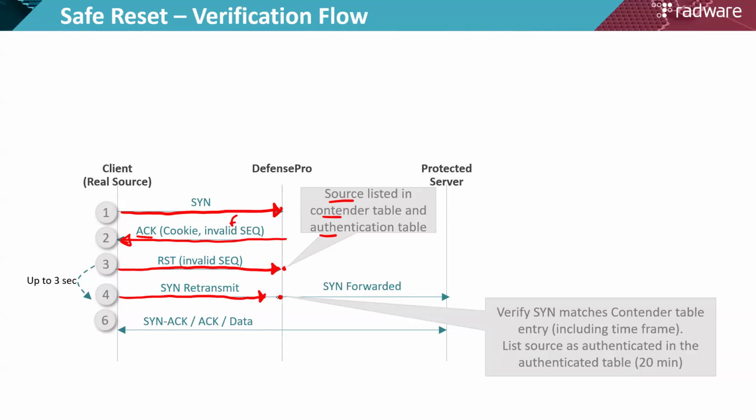Once we receive the SYN packet from the same client, which is already part of the contender table, we authenticate that particular client. The client is authenticated for the next 20 minutes and he can establish a connection with the backend server.